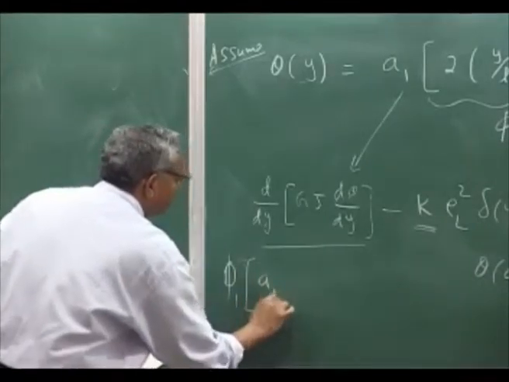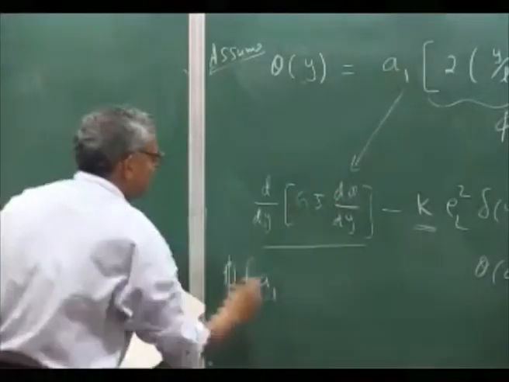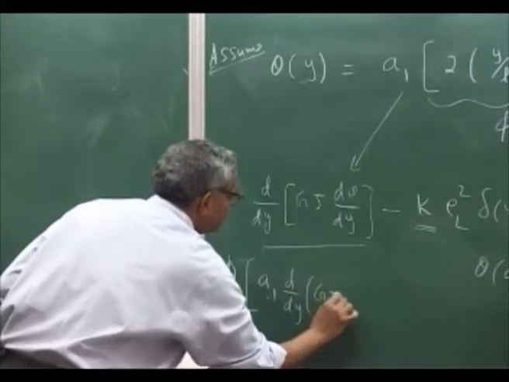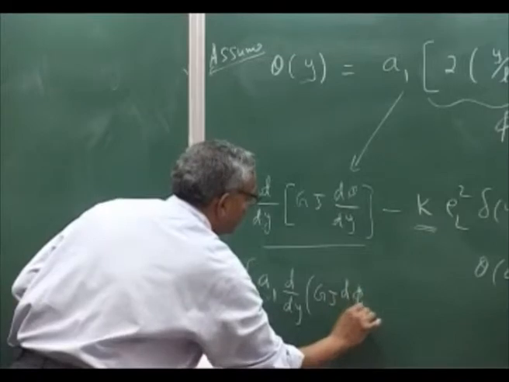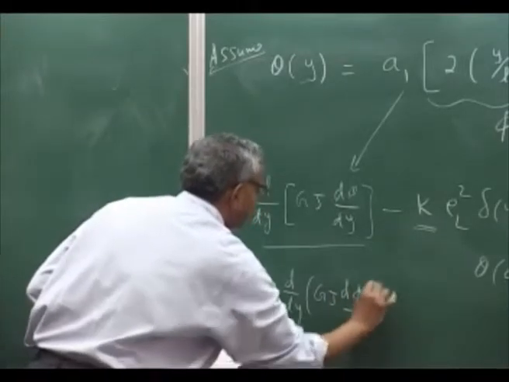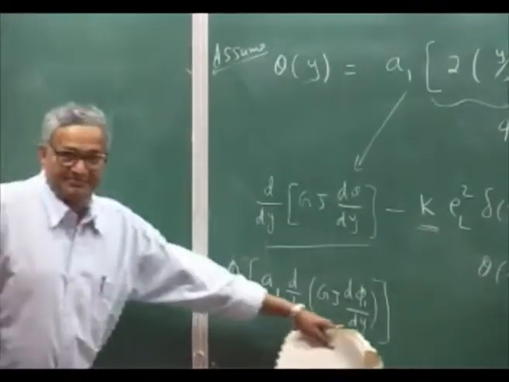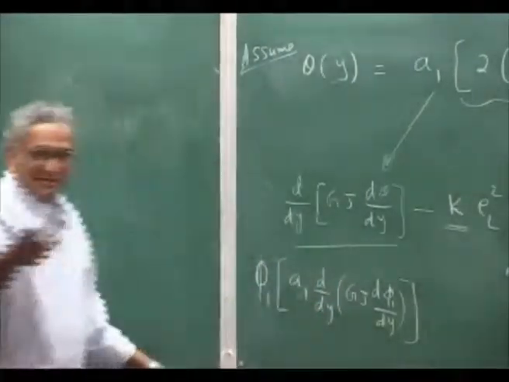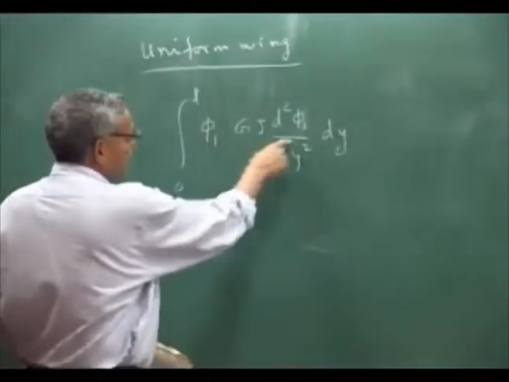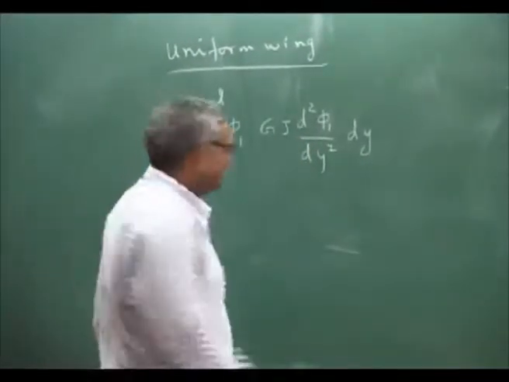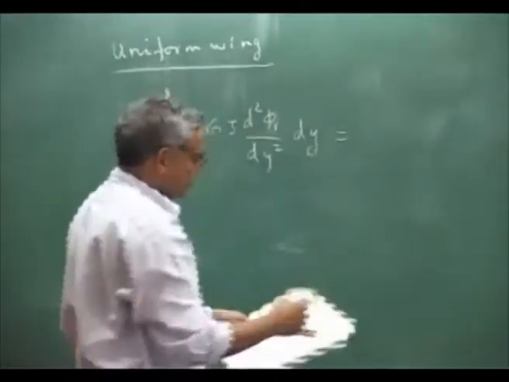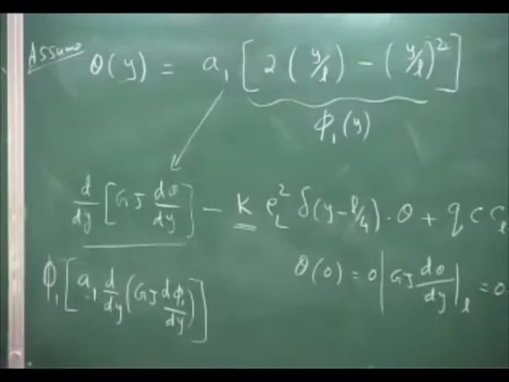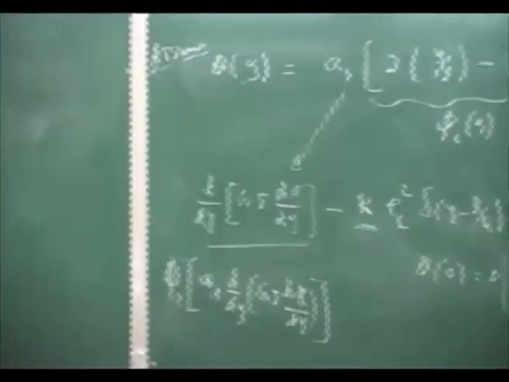You will have a1 will be there because a1 is what you substitute here. So you will have d over dy of GJ d phi1 by dy. You follow? This is the first term. I am only taking GJ constant, so a1 is anyway constant. I am just evaluating this integral. This integral, you substitute this here and then evaluate the integral.